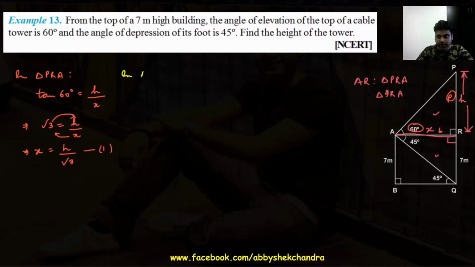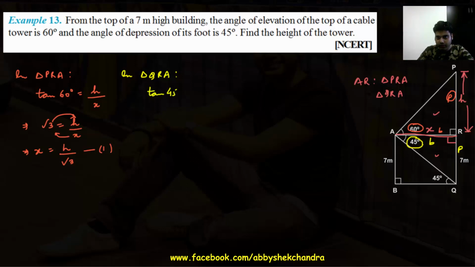In the other triangle, in triangle QRA, the angle is 45 degrees. With respect to 45 degrees, AR is the base, and QR is the perpendicular. So again we are going to use tan theta.